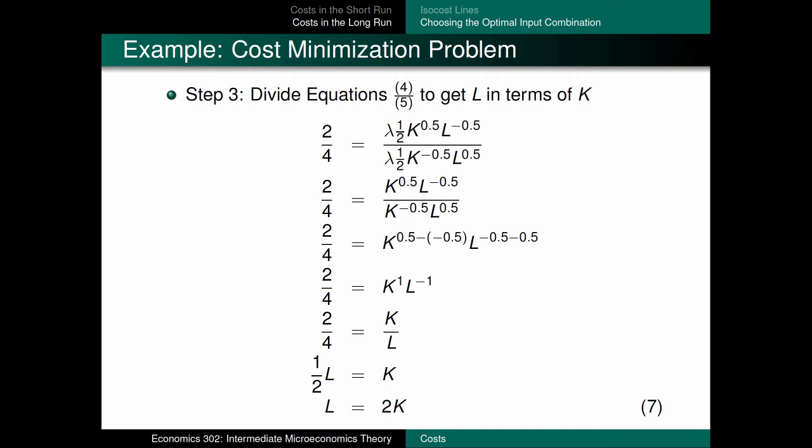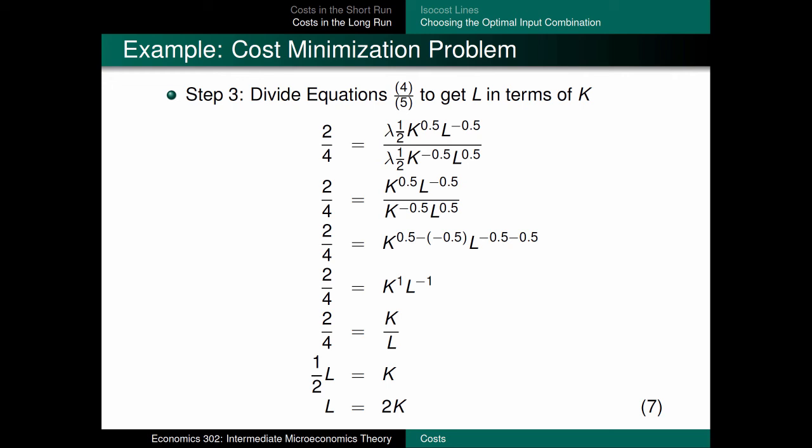We can simplify that right hand side to get that 2 over 4 is equal to K to the power of 1/2 minus negative 1/2, which is combining the K's in the numerator and in the denominator. We'll multiply that by L to the power of negative 1/2 minus 1/2, which combines the L in the numerator with the L in the denominator.